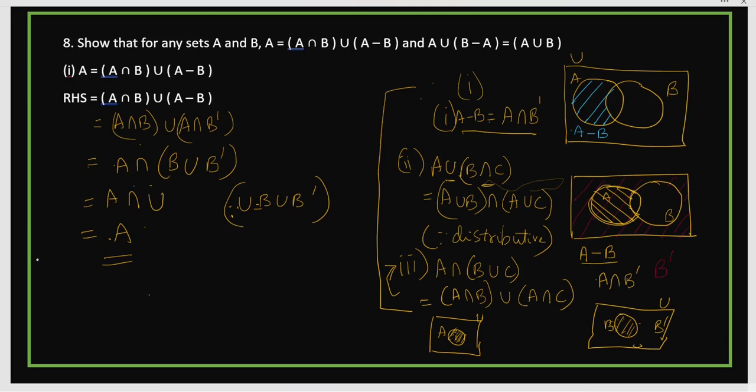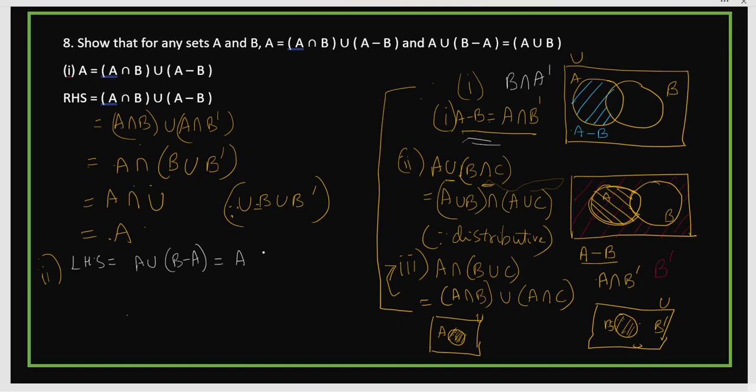Okay. The second one. LHS is what? A union (B minus A). B minus A means B intersection A complement.